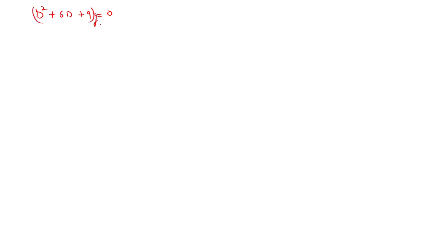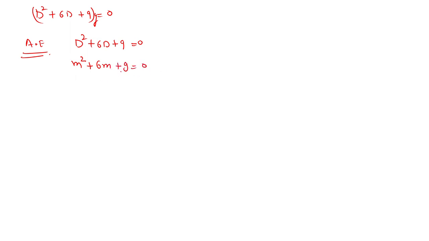There is no need to write it in symbolic form, as this form is already symbolic. So we just write its auxiliary equation, which is D square plus 6D plus 9 equal to 0. Again, if you want, you can convert it to m square plus 6m plus 9.